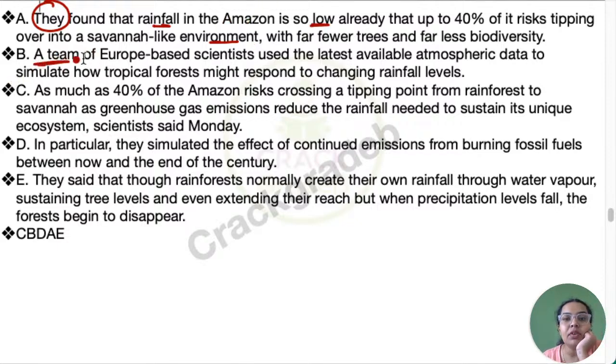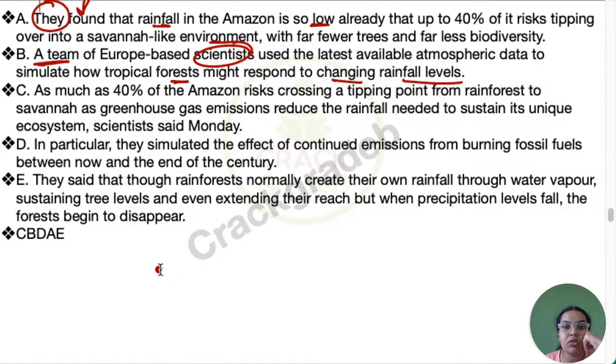A team of Europe based scientists used the latest available data to simulate how forests might respond to changing rainfall levels. See, right now it's just about simulating something, it's the experiment kind of thing going on, and that's why they found whatever is found.